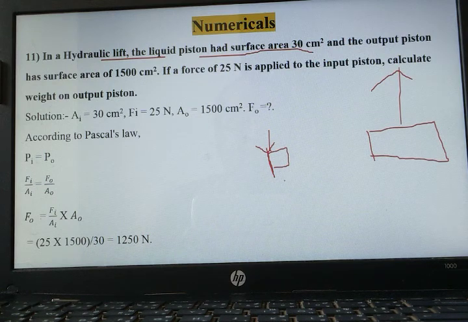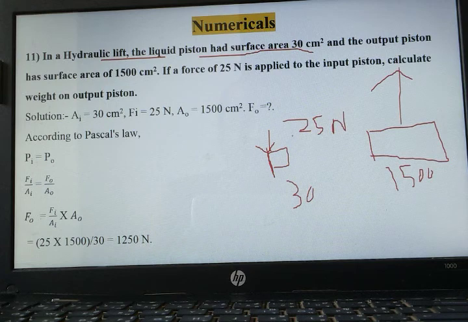The area of this has been given as 30 centimeter square and area of this has been given as 1500 centimeter square. If a force of 25 Newton is applied, we are applying force of 25 Newton from this end. By what force it will be moving upwards, that we have to find out now.